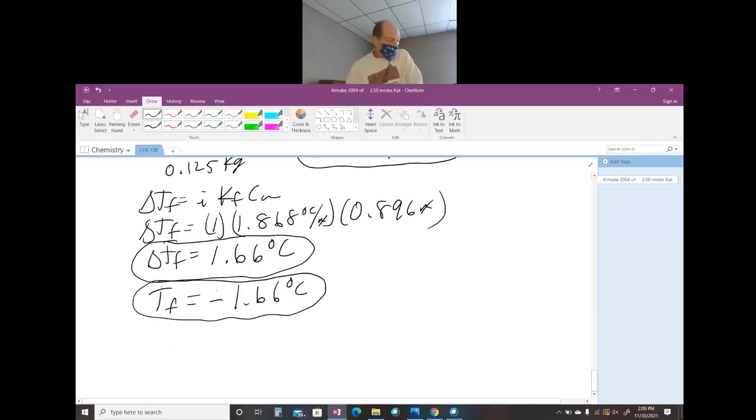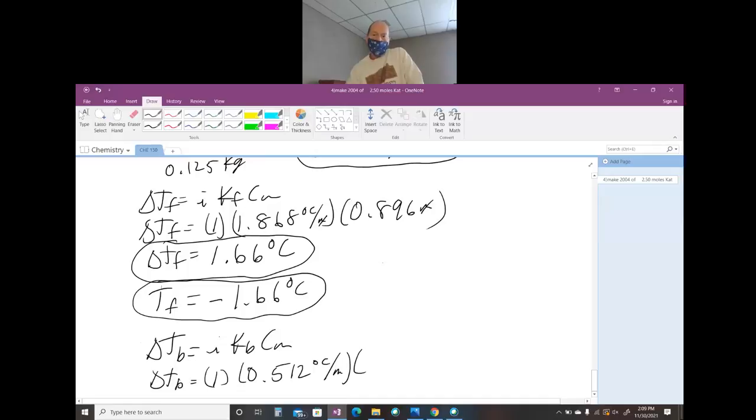All right, and in that same part D, it says, what's the boiling point? So delta T sub B is equal to i Kb C sub m. Again, sugar is molecular, so 1 is your i value. Kb is a constant given to you in the problem, 0.512 degrees Celsius per molal. We already calculated the molality, it is the 0.896 molal.